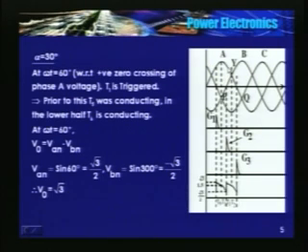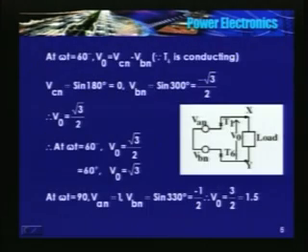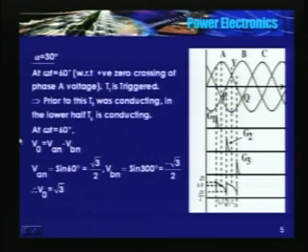VAN at 120 is again root 3 by 2. Output voltage is VAN minus VCN, so output voltage jumps to root 3 by 2 minus of minus root 3 by 2, it is root 3 itself.